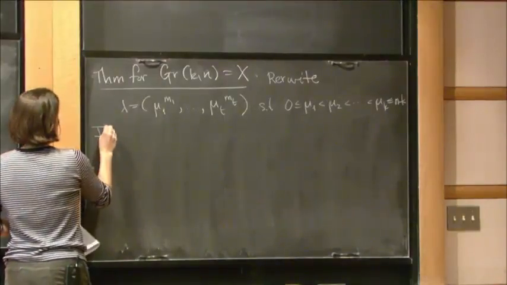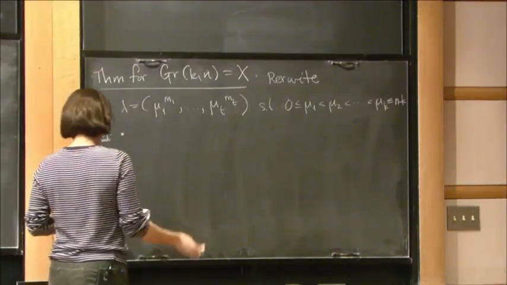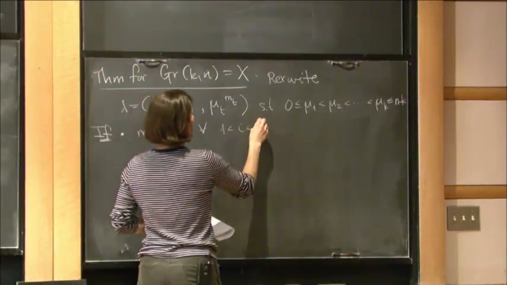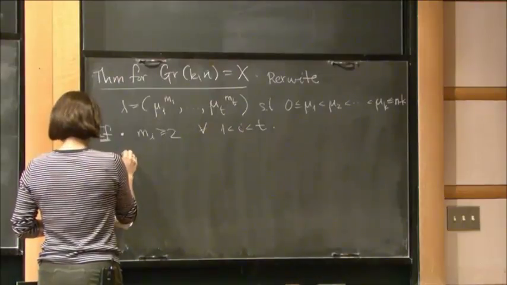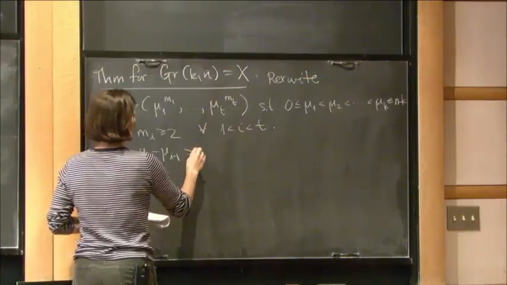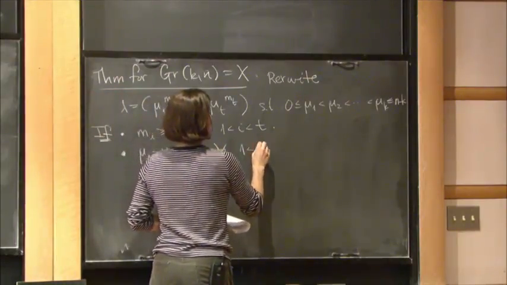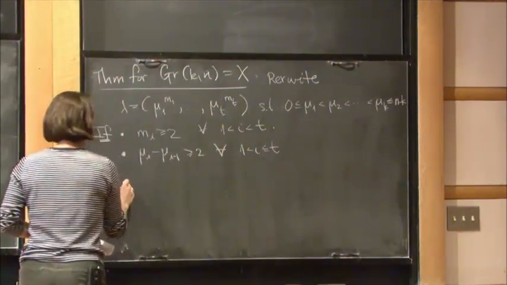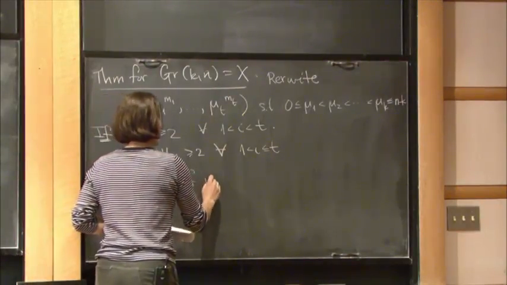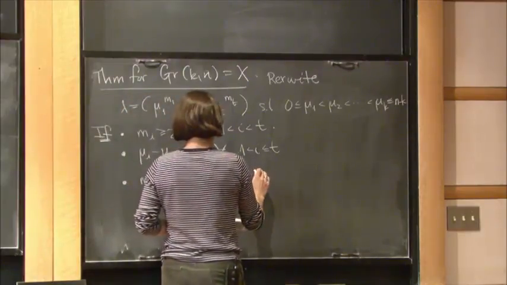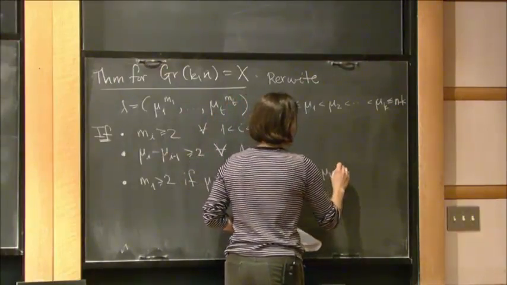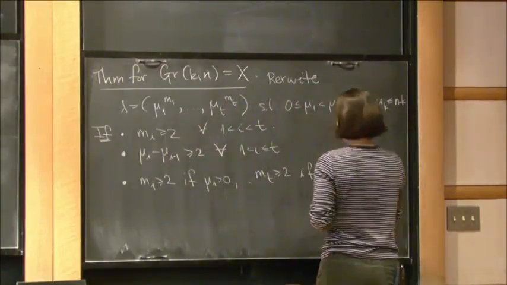Okay. So if the following three conditions are satisfied: if mi is at least 2 for all 1 less than i less than t, and the difference between mu i and mu i minus 1 is at least 2 for all 1 less than i less than or equal to t, and m1 should be at least 2 if mu1 is not 0, and mt should be at least 2 if mu t is less than n minus k.